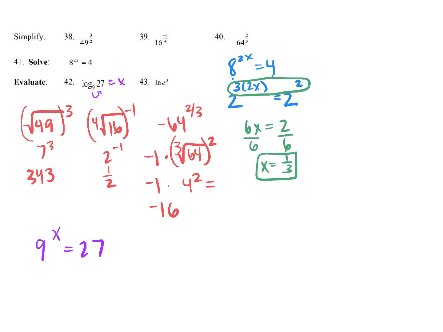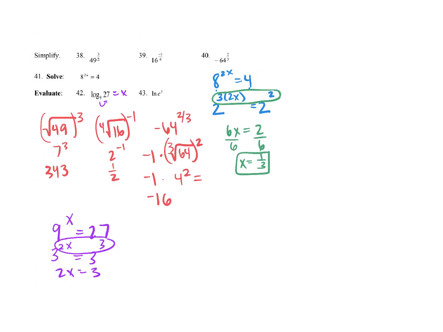Then you do the exact same thing you did in number 41. 3 squared times x, 27 is 3 cubed. Your expression is 2x equals 3. Divide both sides by 2. You get 3/2. This is one of the biggest elements, is knowing that you can switch it to exponential form.